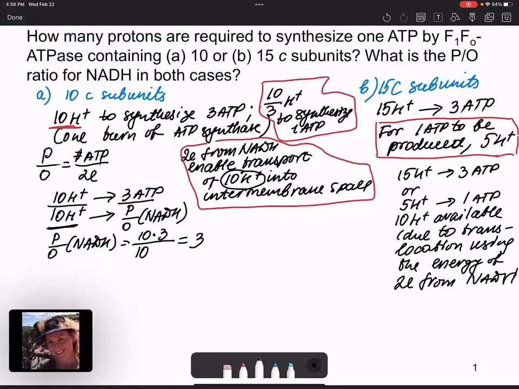And that would enable synthesis of 2 ATP, which would correspond to the P/O ratio in this case. So the more C subunits, the fewer ATP molecules can be produced using the energy of those 2 electrons provided by NADH, or in the case of complex 2, FADH2 from succinate.